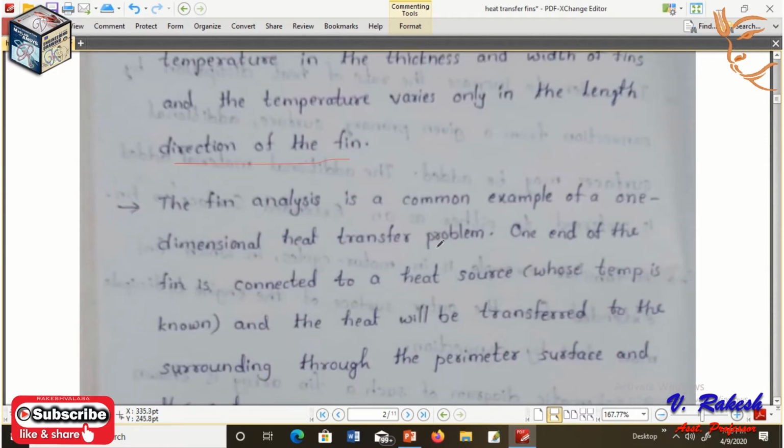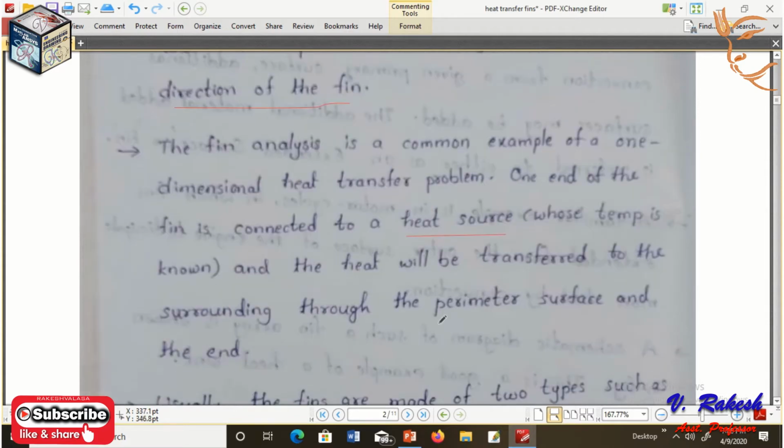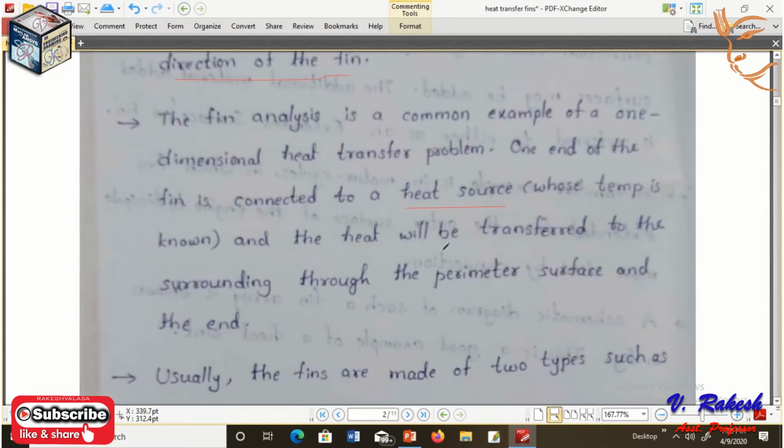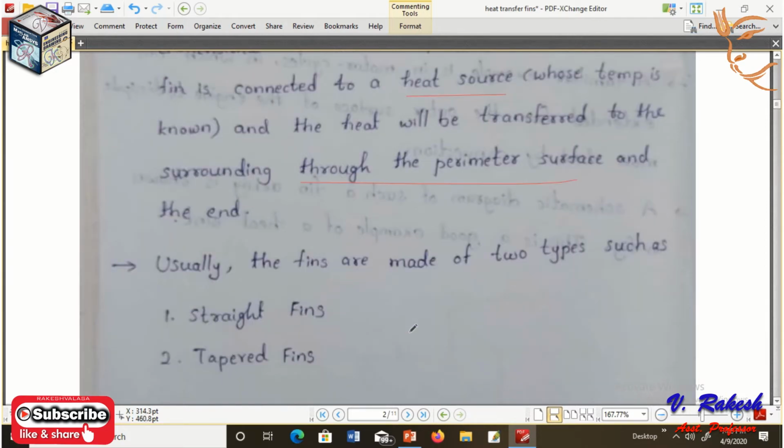The fin analysis is a common example of a one-dimensional heat transfer problem. One end of the fin is connected to a heat source whose temperature is known, and the heat will be transferred to the surroundings through the perimeter surface and end. Usually fins are of two types, that is straight fins and tapered fins.